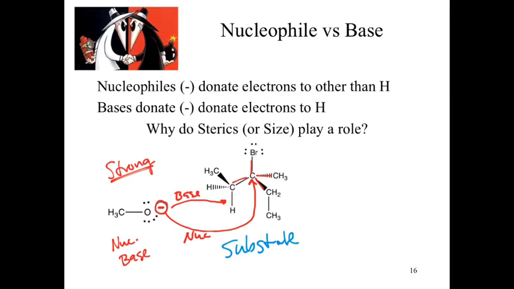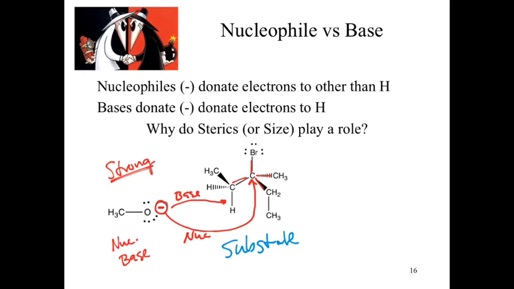So when we go through and we're trying to decide, do I have a nucleophile or do I have a base, one of the tip-offs can be something to do with size. And it's kind of an odd one, because nucleophiles are typically very small. They need to be small to get in to attack that carbon. Bases, it doesn't matter.